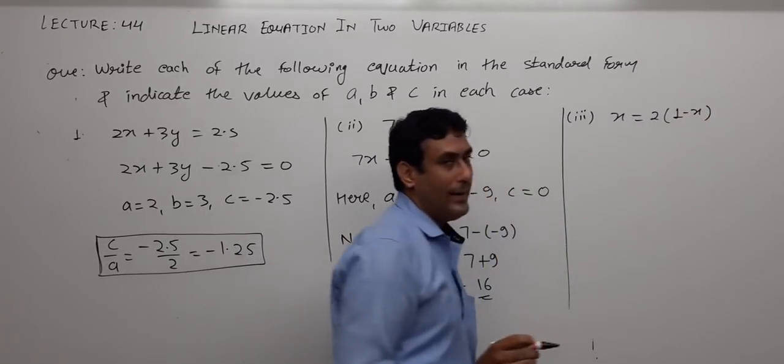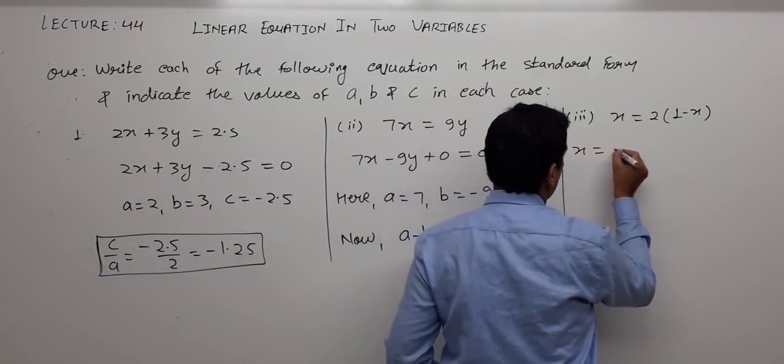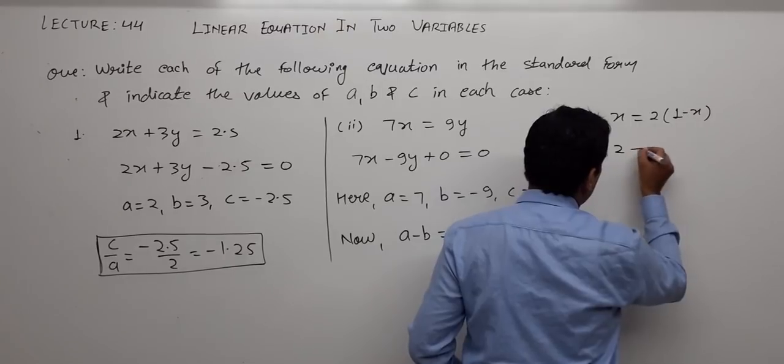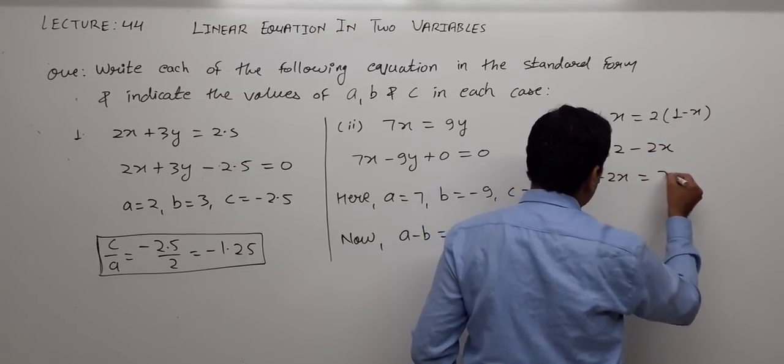Okay, so we have to write this equation in the standard form. So x is equal to 2 into 1 minus x, that is 2 minus 2x. So x plus 2x is equal to 2.